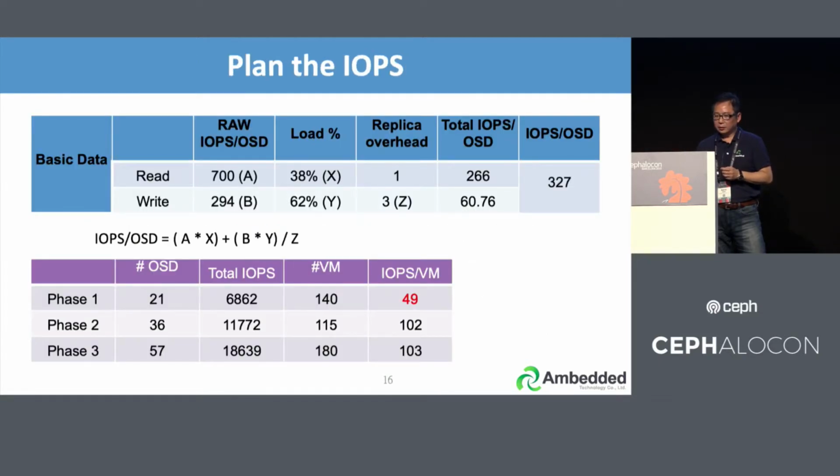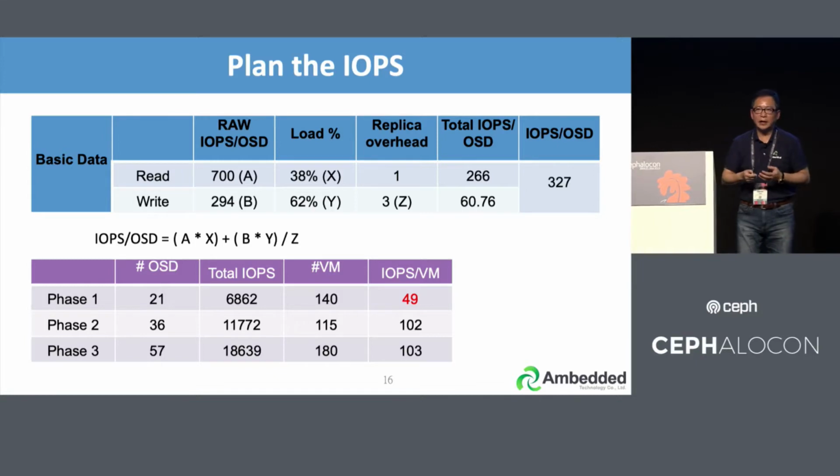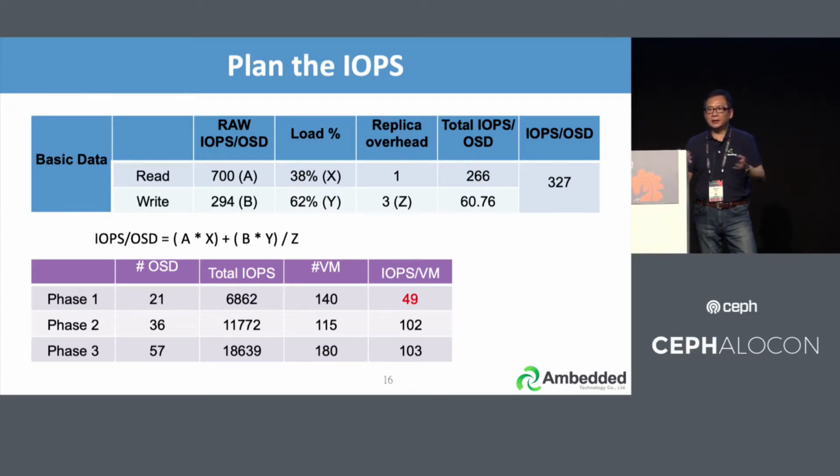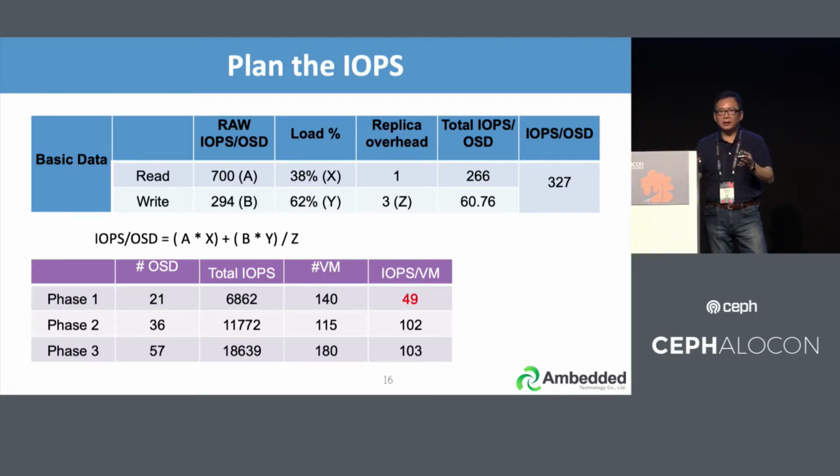Okay. After this, we reviewed why they had this kind of problem: they had no experience and plan in the beginning to plan the size of their cluster, because the Ceph cluster is scalable not only in capacity but also in performance.